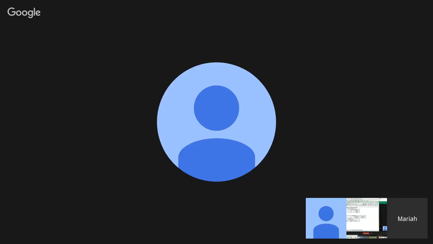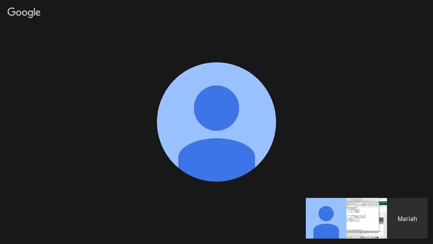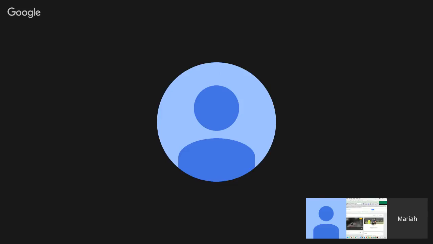Okay, so I got the z-score negative 2.020. Okay, hold on, let me input it. Negative 2.020. Given the z-score from the last question, which should you shade, the left or the right of the z-score for the p-value? To the left, right? Yeah, the left. Okay, what was the p-value?